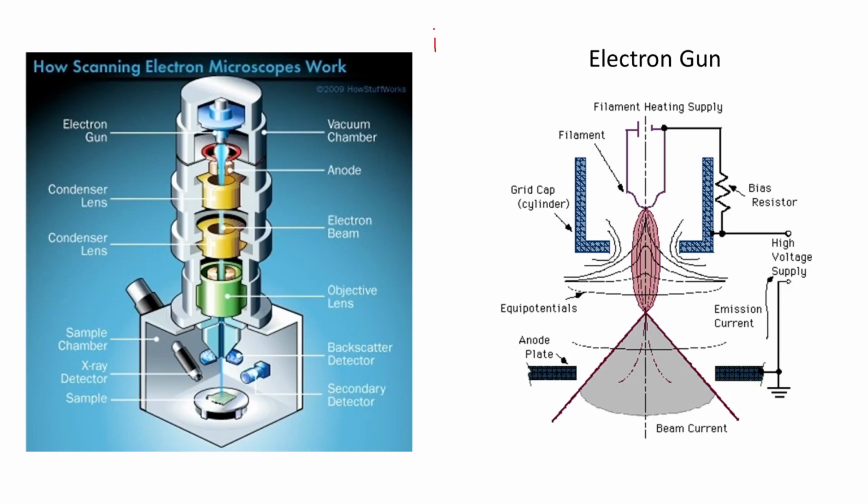Three kinds of current. One is I_E, I_B, and I_P.